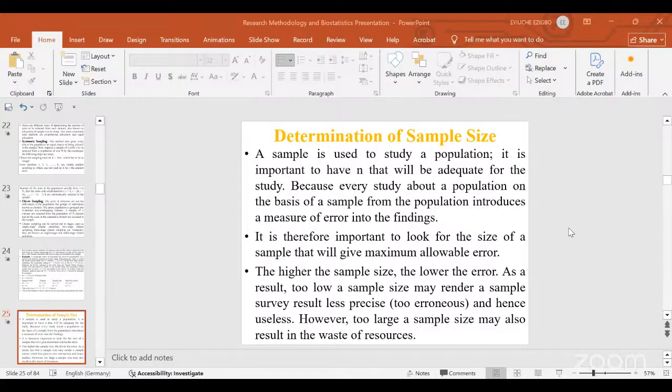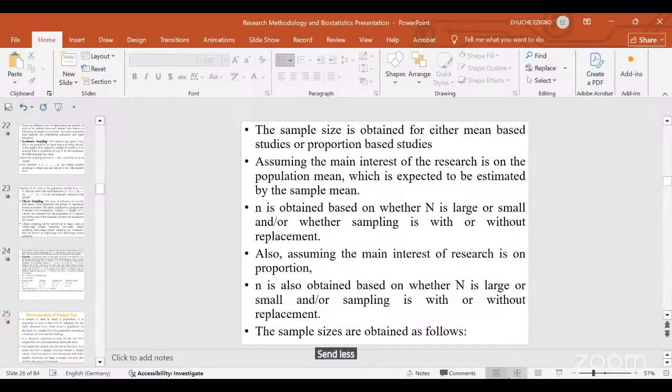So, there are three main methods of determining sample size in most of the research works that are done. Number one, which is the simplest, is the mere use of simple percentage.